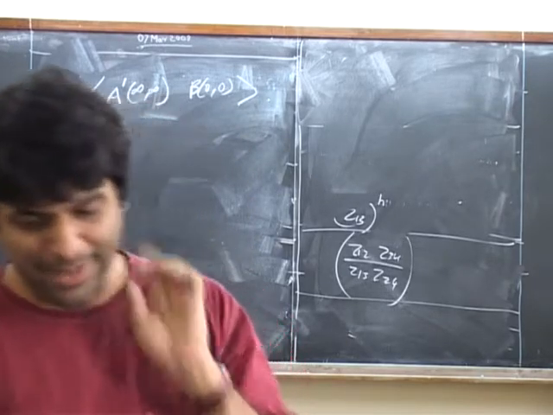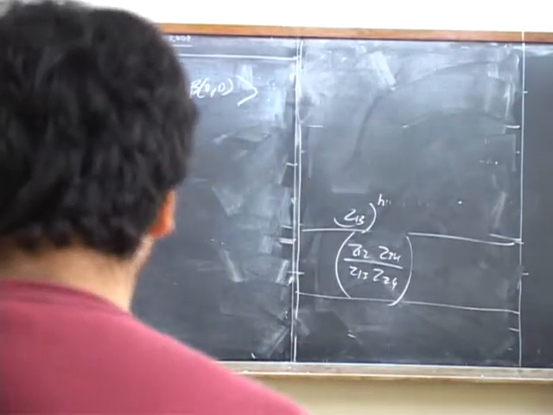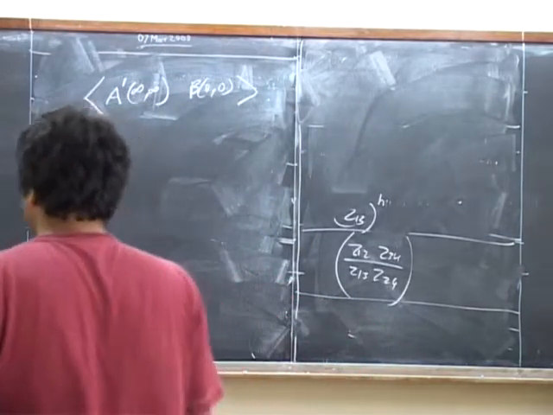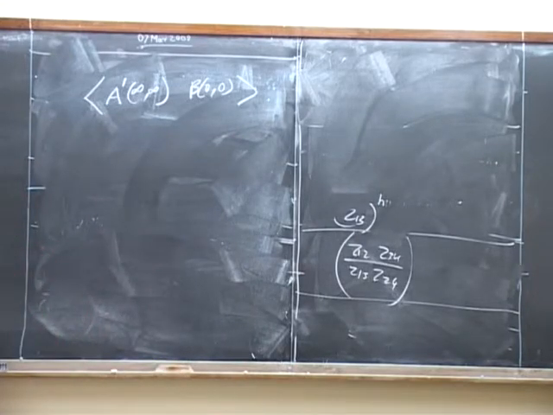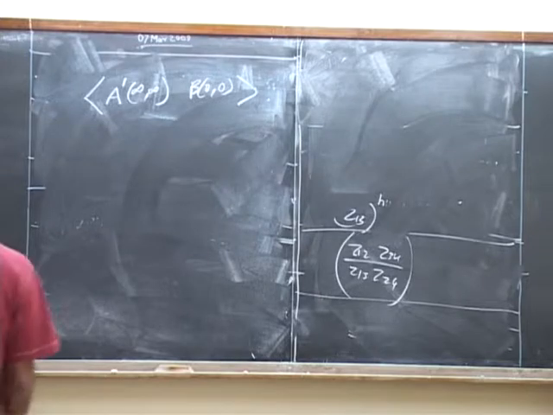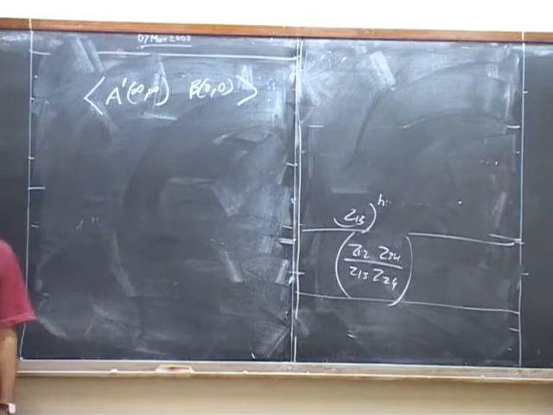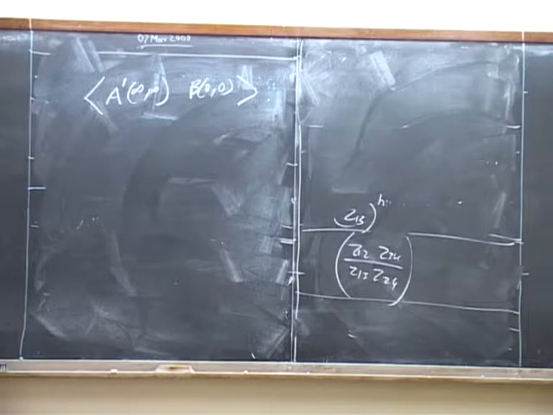Now what is A prime? Okay, by A prime I mean the A operator in the u equals 1 by z coordinates. Okay? So let's say what that means more precisely.